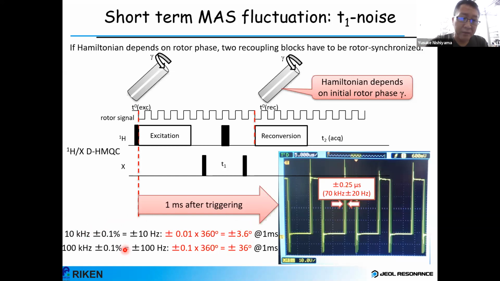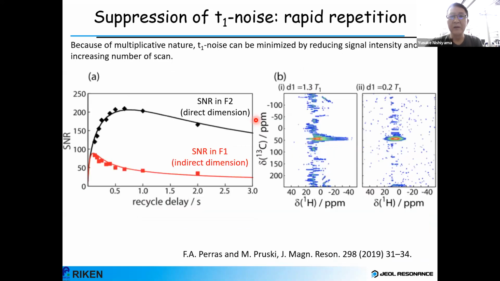However, with the same level of stability at 100 kHz, that results in a 36 degree variation of the initial rotor phase. This is a big issue, and it introduces very large signal modulation because of the breaking of the synchronous condition. So this is why fast MAS proton NMR experiments suffer from huge, intense T1 noise.